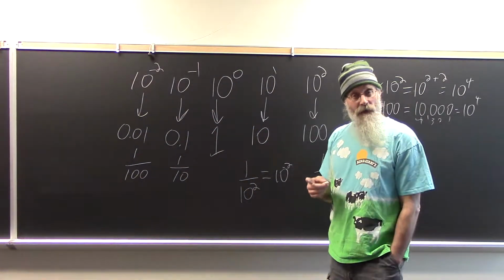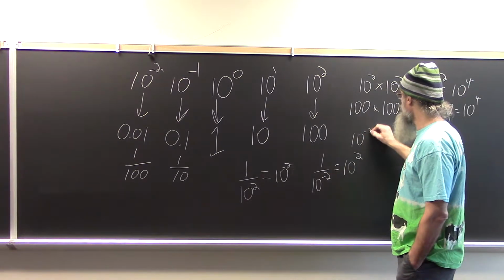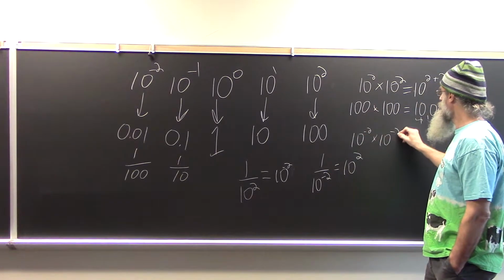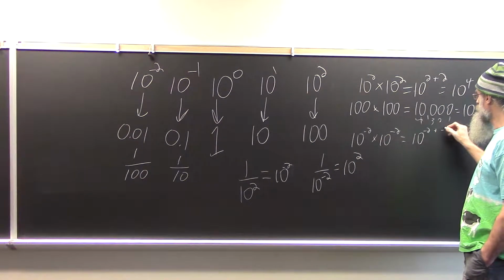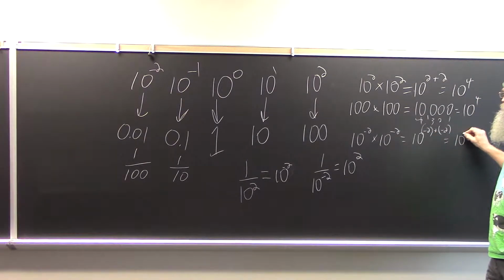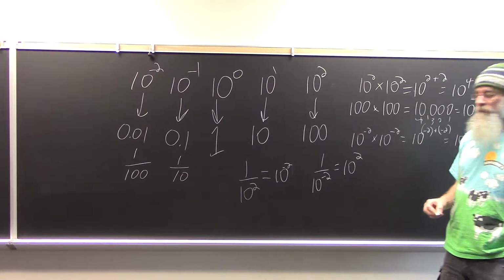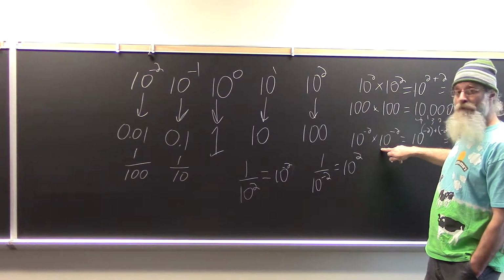We can do the same when we're working with negative exponents. So 10 to the minus 2 times 10 to the minus 2 is equal to minus 2 plus minus 2, which is equal to 10 to the minus 4. So this is 0.01, that is 0.01.